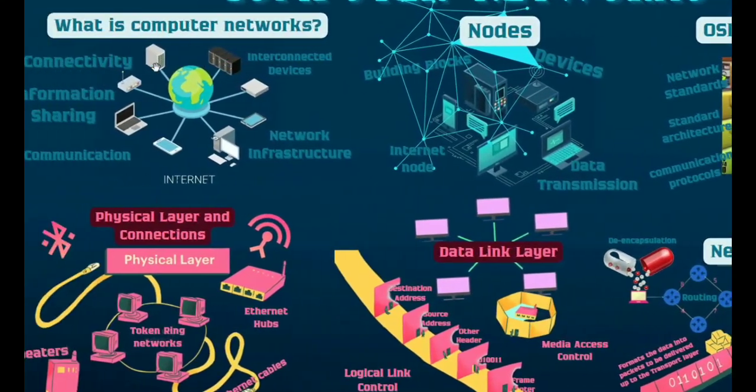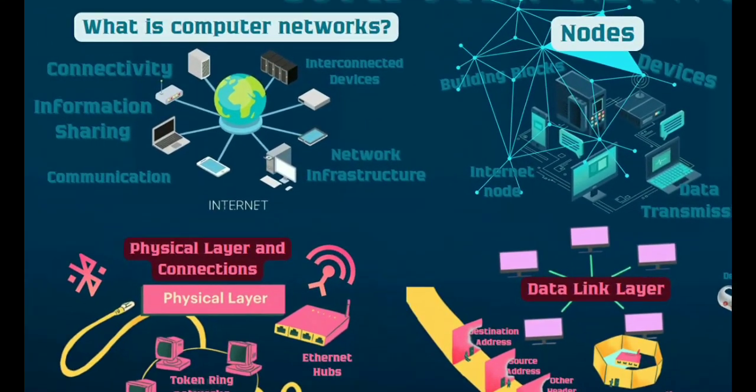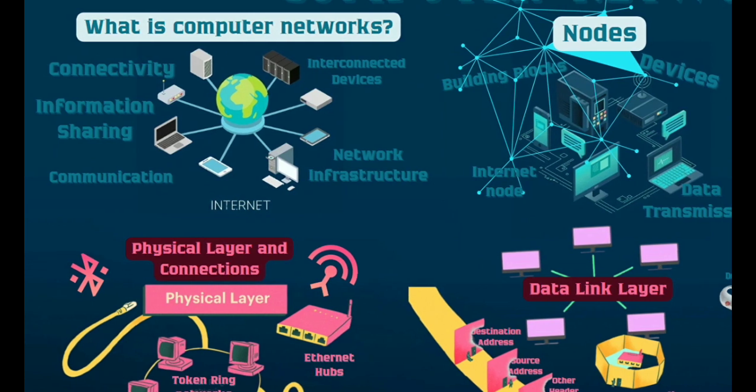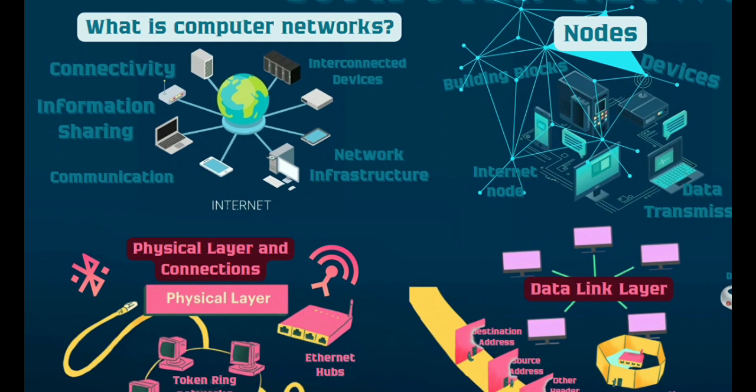Firstly, I want to answer the question, what are computer networks? Computer networks are like a digital highway that connects different devices, enabling seamless communication, information sharing and collaboration. These networks link various devices such as computers, phones and tablets, forming an interconnected web of technology.